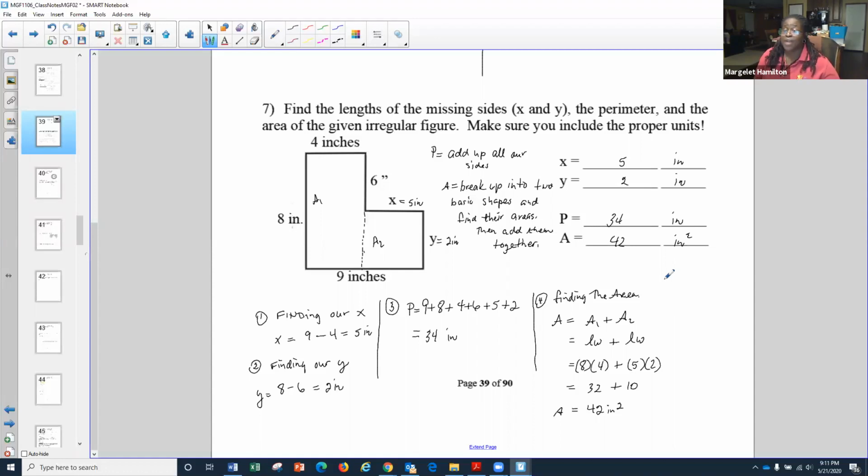Then after we found that, we was able to roll right on through. So looking at your figure, then being able to break it up into pieces to find your area, find missing pieces to find your perimeter. Okay, so make sure you're paying attention to dimensions, making sure you're paying attention to what you need to find.